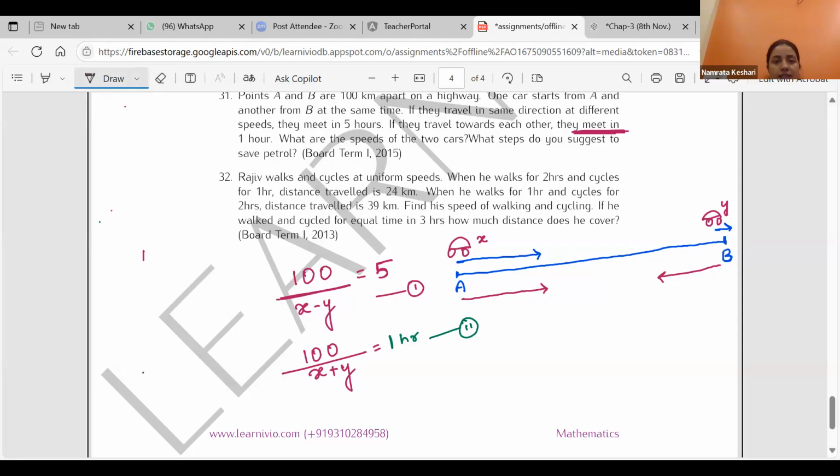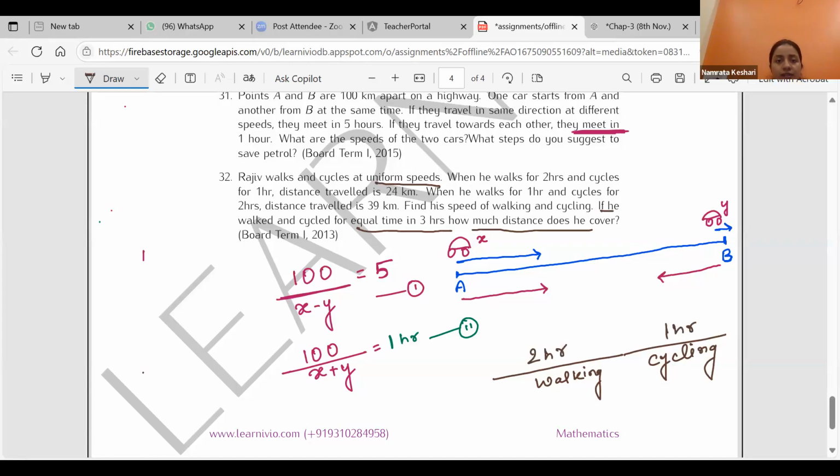Rajiv walks and cycles at uniform speed. When he walks for 2 hours and cycles for 1 hour, the distance traveled is 24 kilometers.